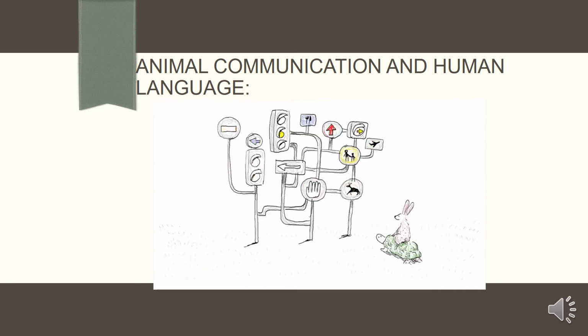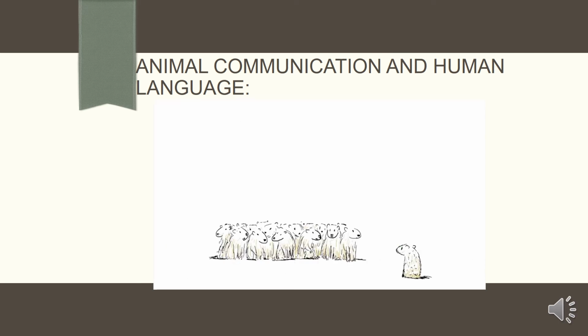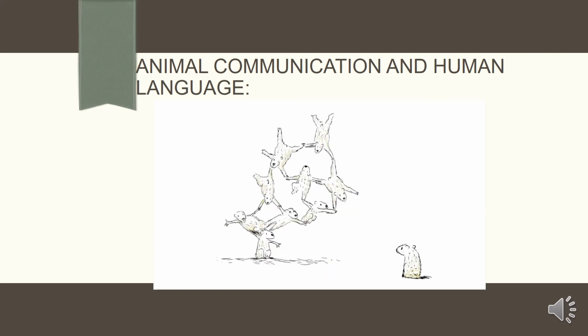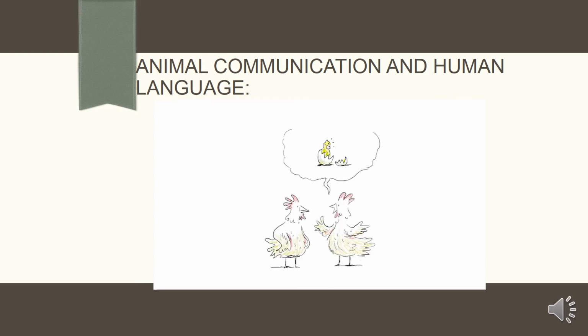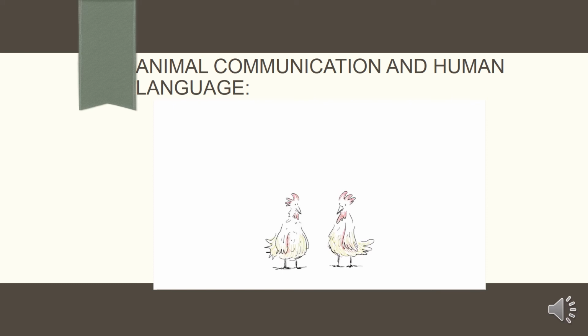Grammar provides a system of rules that tells you how to combine those individual units. Productivity is the ability to use language to create an infinite number of messages. And displacement is the ability to talk about things that aren't right in front of you, such as past, future, or fictional events. So, does animal communication exhibit any of these qualities?